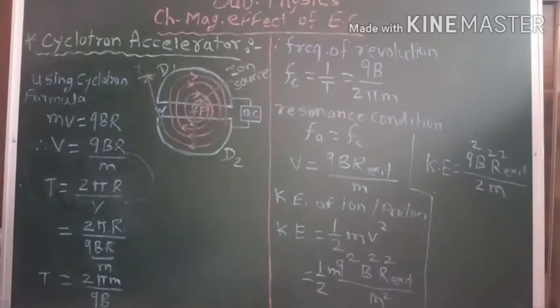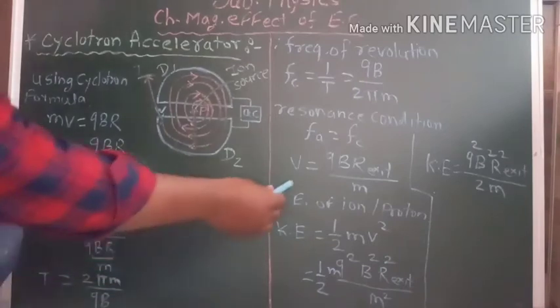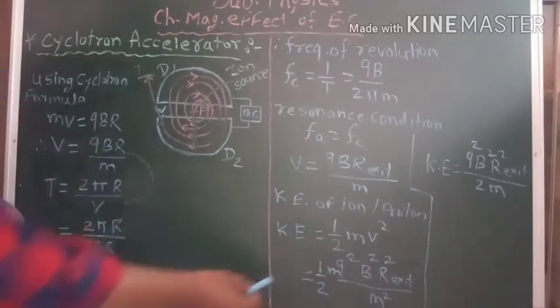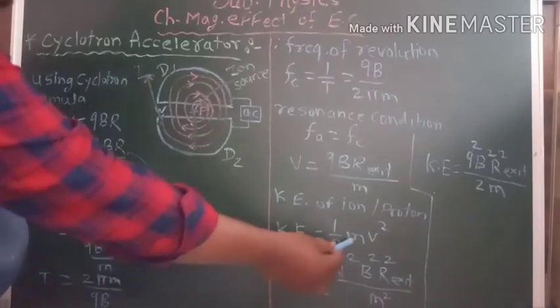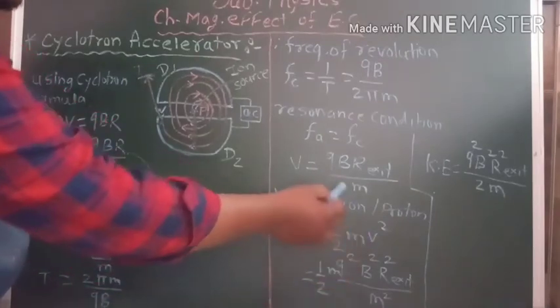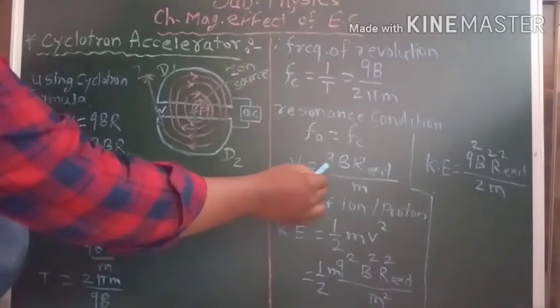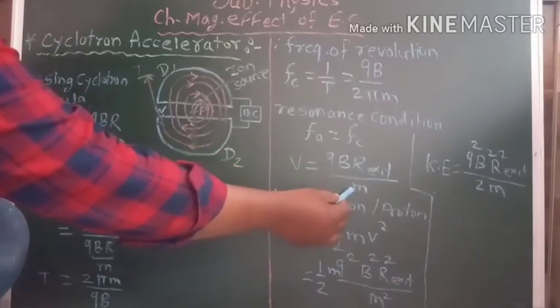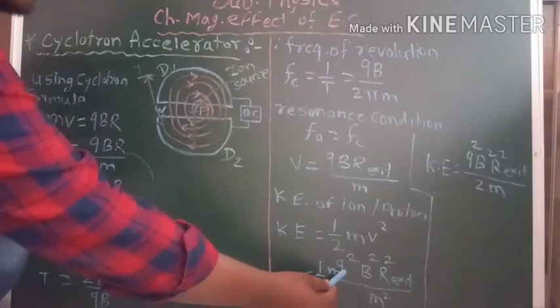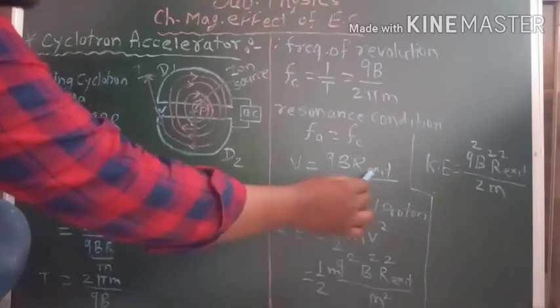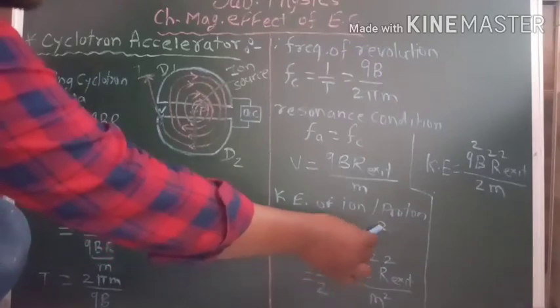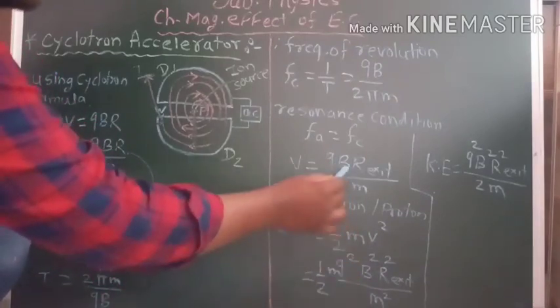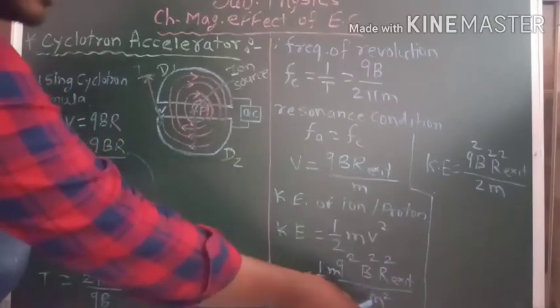Kinetic energy, we know, is 1/2 mv square. Therefore we put the value of v in this equation of kinetic energy. 1/2 m as it is, v square, that is Q square, B square, R exit square divided by m square.